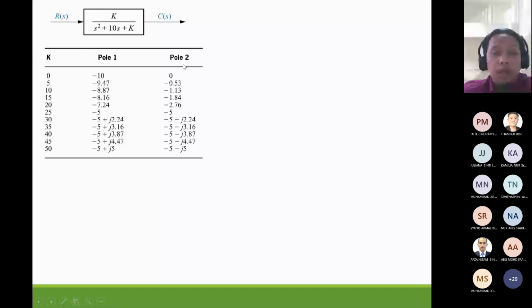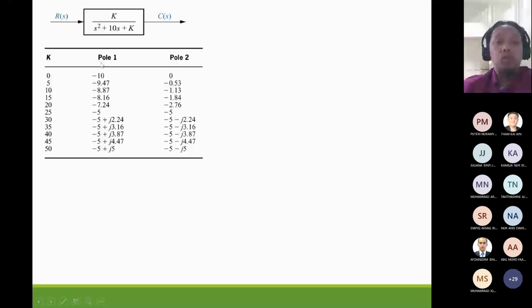And then from this K, from this transfer function, we can change the value of K. So maybe we can change from 0 until 50. For example, if we give value 0, then we can try to find the poles. So if K is 0, then the poles become minus 10 and 0.